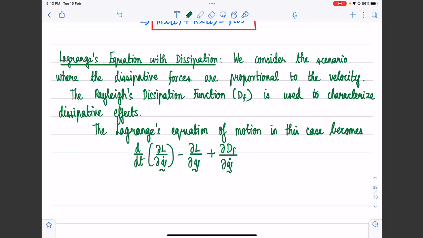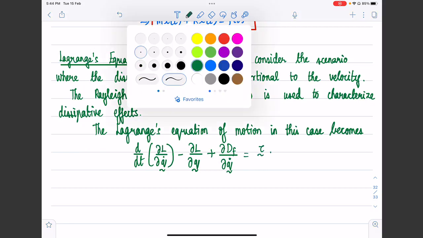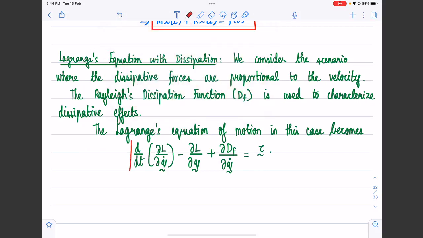Typically the Rayleigh's dissipation function is a function of q̇, and we take its partial derivative with respect to q̇, and this is going to be equal to the generalized force vector tau. So this is the modified equation of motion.